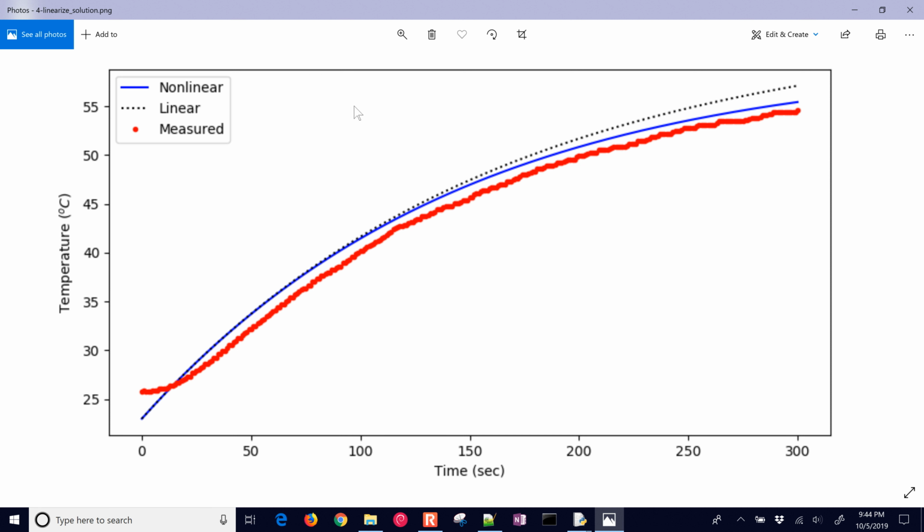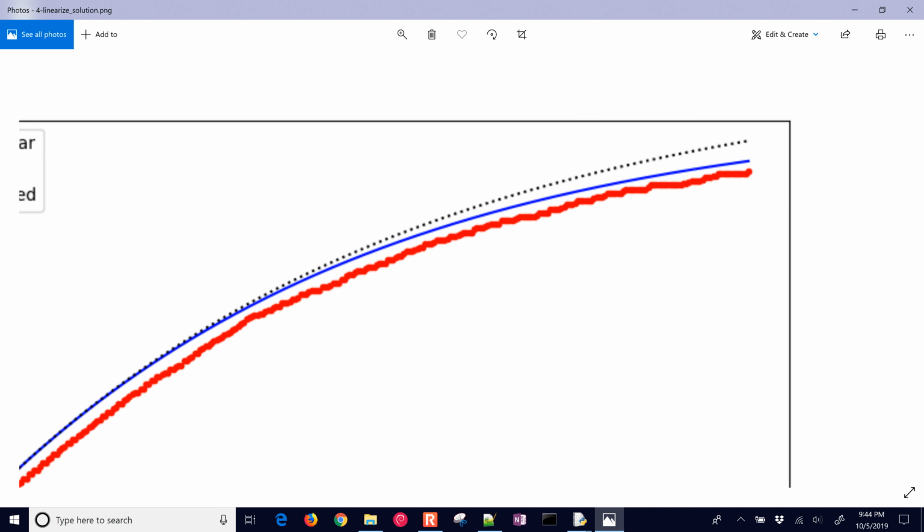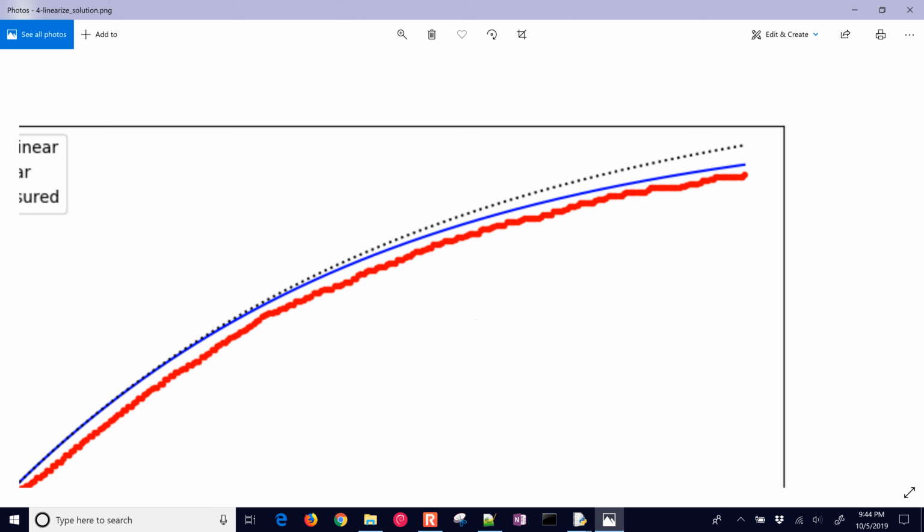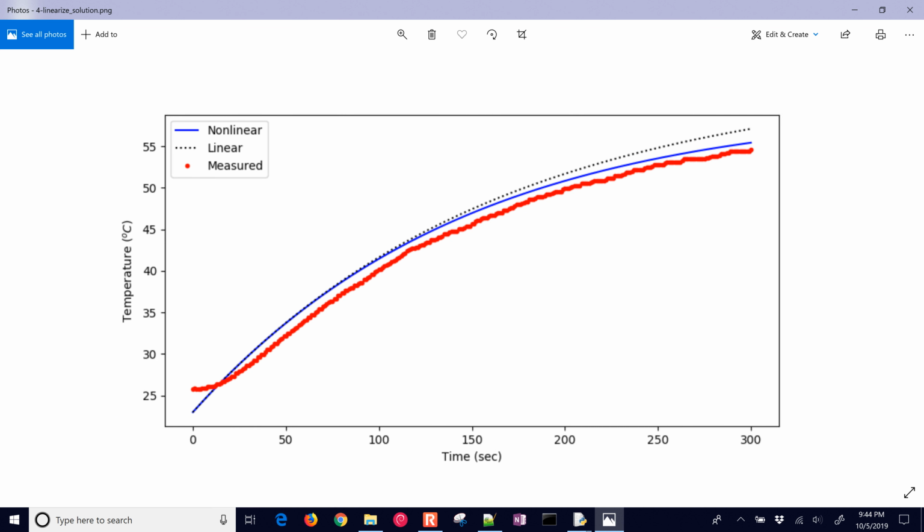And you could see the linear versus the nonlinear. The linear is a little bit higher than the nonlinear, especially in this area right at the end. And so thinking about that, why would they deviate that way? Why would the nonlinear be a little bit lower than the linear? I think it's because of the nonlinearity, which is the radiative heat transfer has a temperature to the fourth dependence.